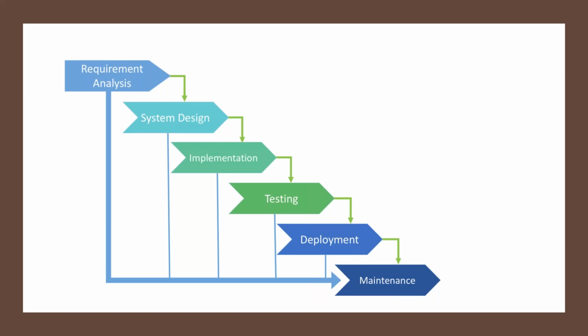Then we create the design, like how the UI will look. At a broader level, we create the architecture of the product. Once we have the design and all the requirements, we implement it, meaning we code and test.